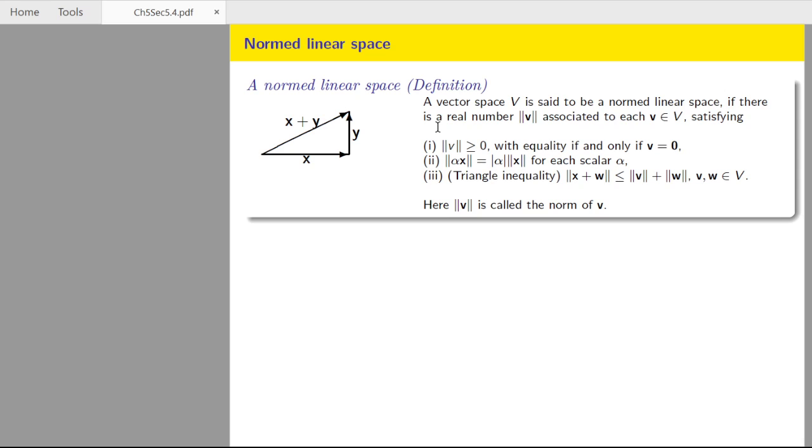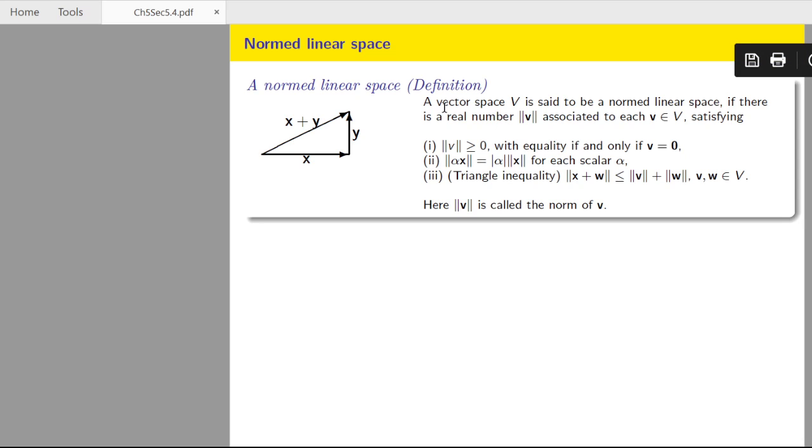All right, this is a new definition. This new definition is called a normed linear space. First of all, we assume V is a vector space.